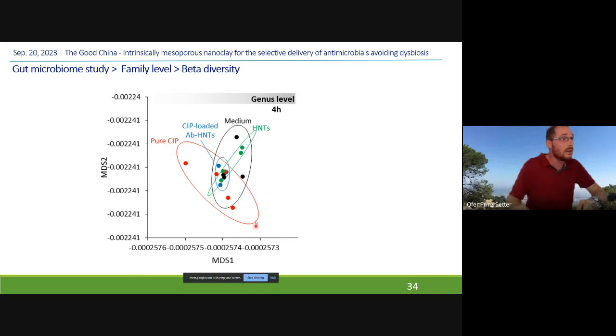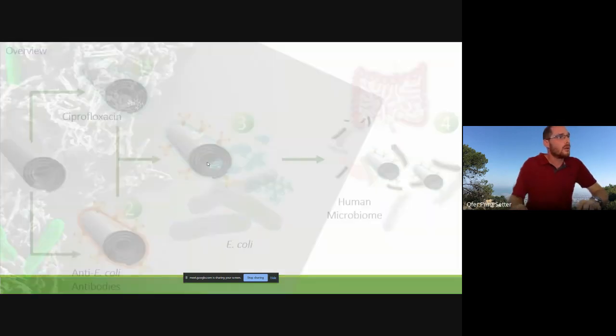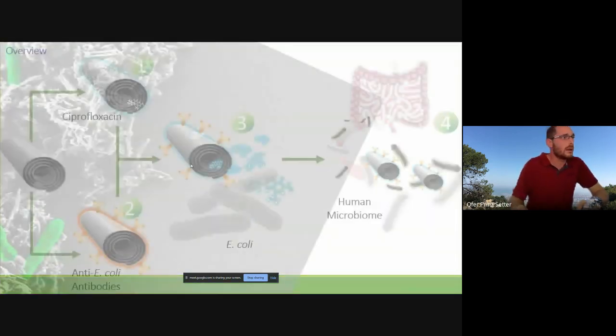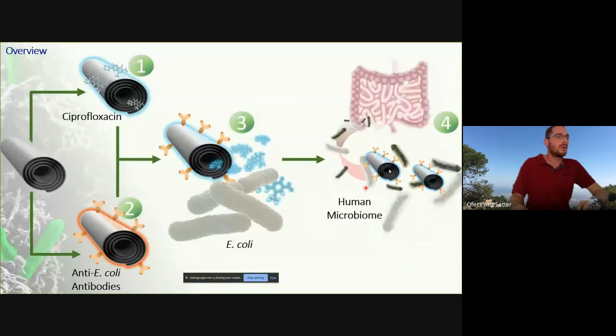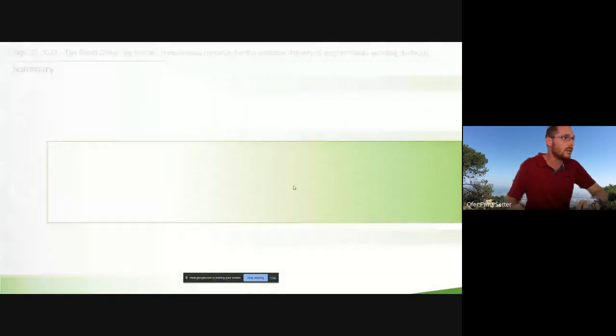However, the profiles of microbiome treated with pure ciprofloxacin shift away, which means there is some disturbance of the microbiome here. And this is the first indication for the potential of natural clay modified with antibodies and loaded with antibiotics to exert a selective antimicrobial effect, protecting the microbiome, but still maintaining the potency of the loaded antibiotics.